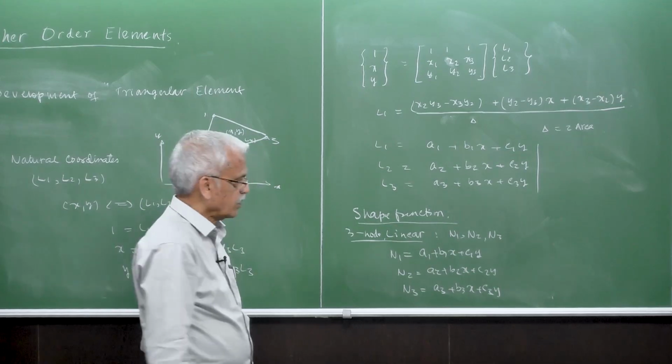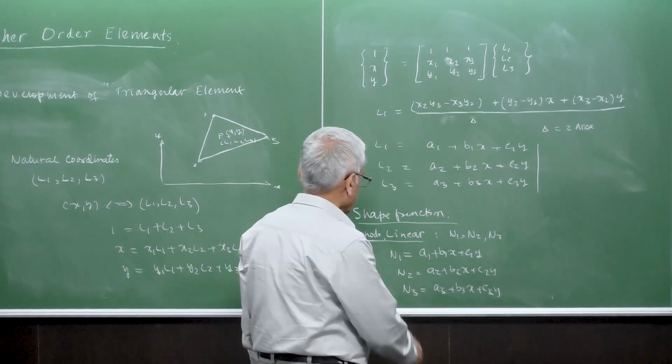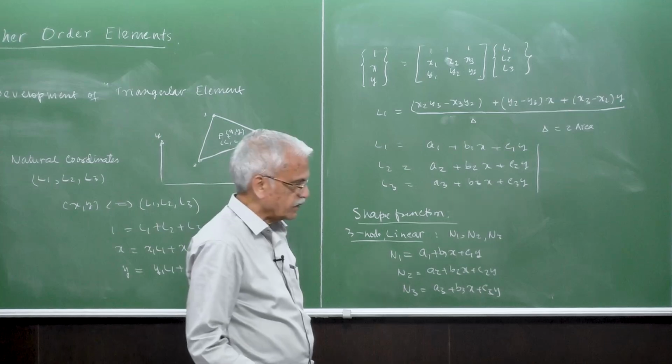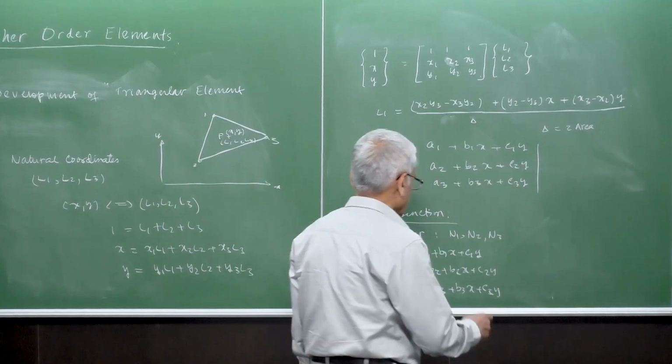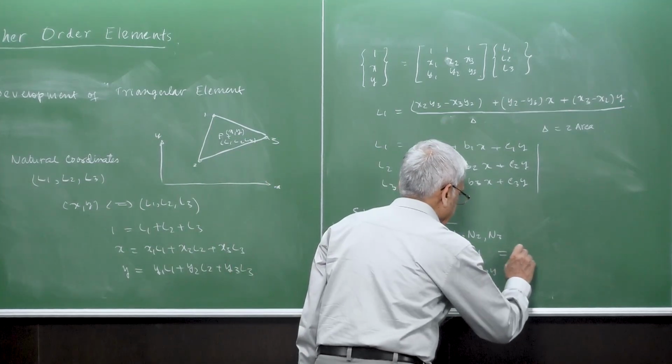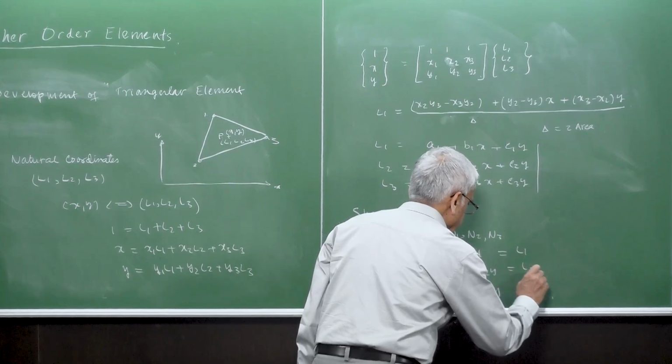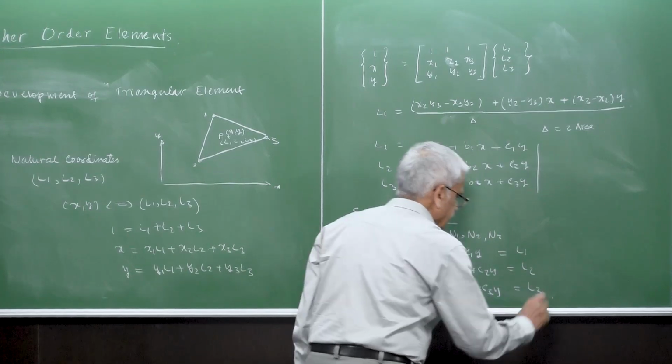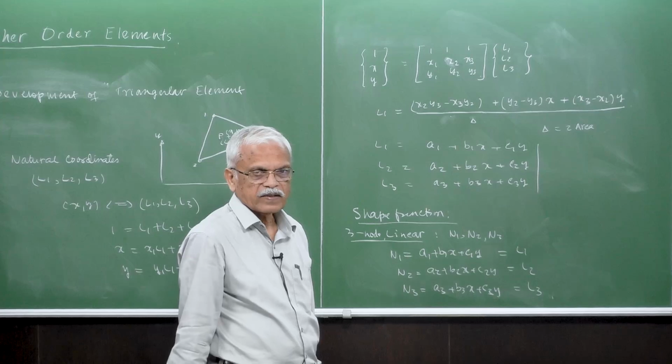So that means N1, N2, N3 for the linear one in terms of xy is what we have. And now you can very clearly see that these are nothing but L1, L2, L3.